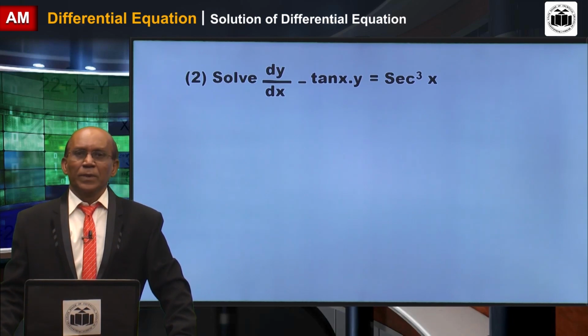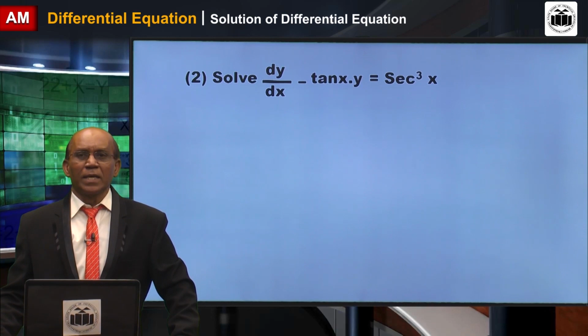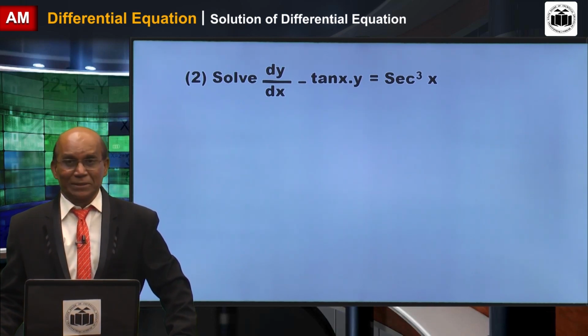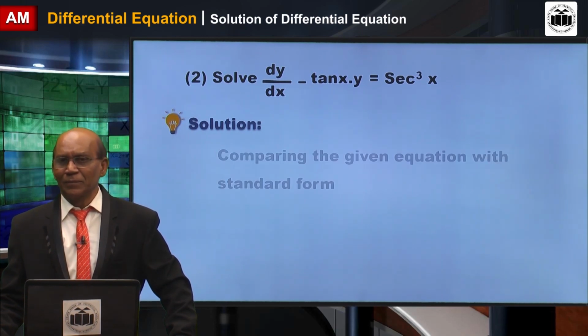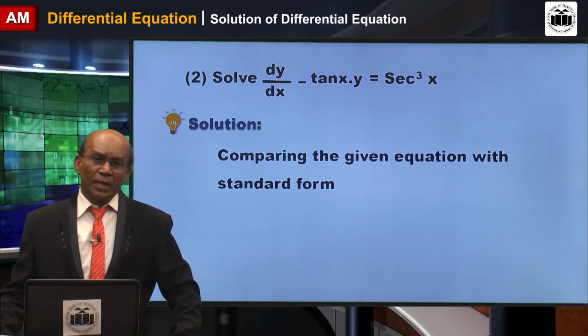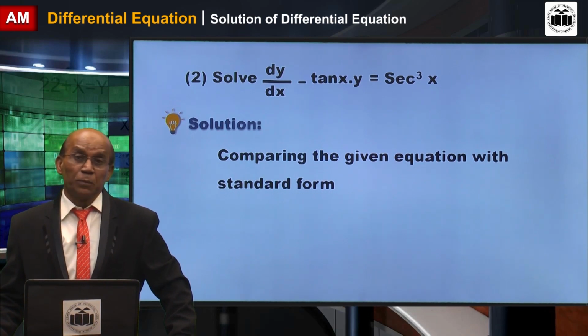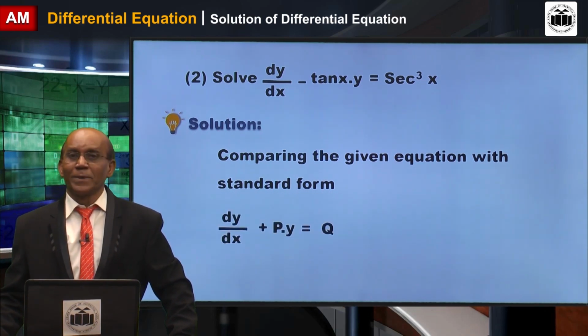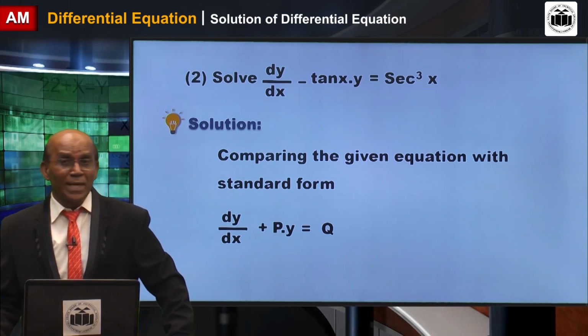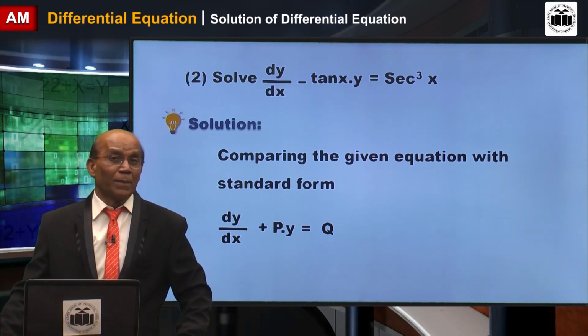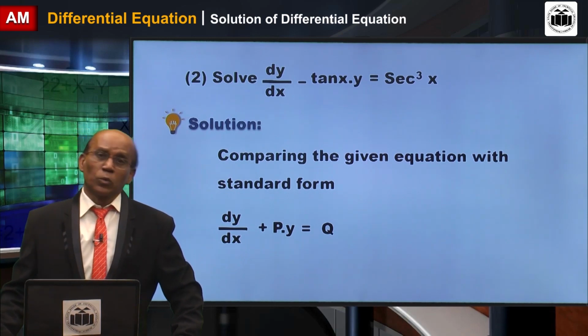Next example: solve dy by dx minus tan x into y equals sec cube x. Solution for this equation: again we compare the given equation with the standard form dy by dx plus py equals q. When we compare, keep your focus on p and q, not on dy by dx and y, which are already in your original equation.